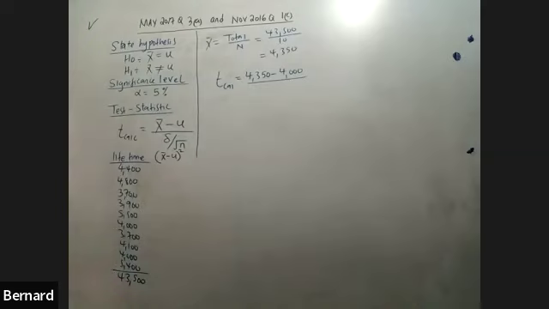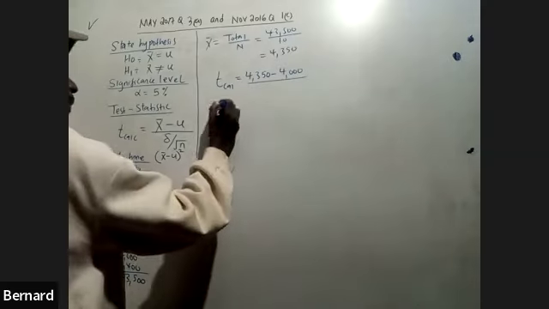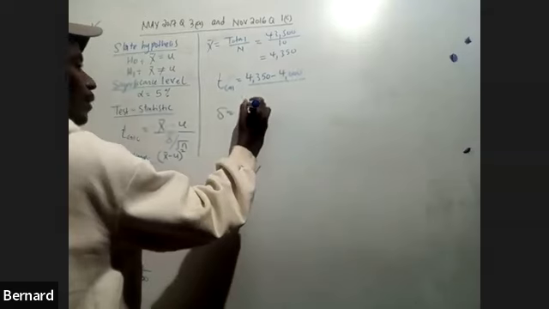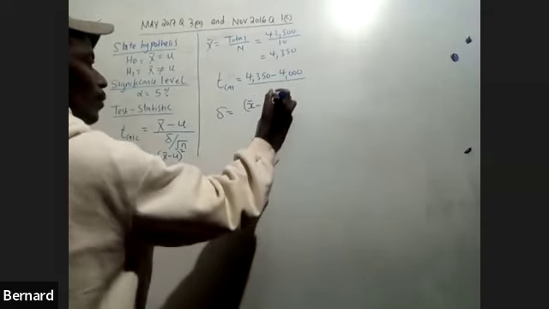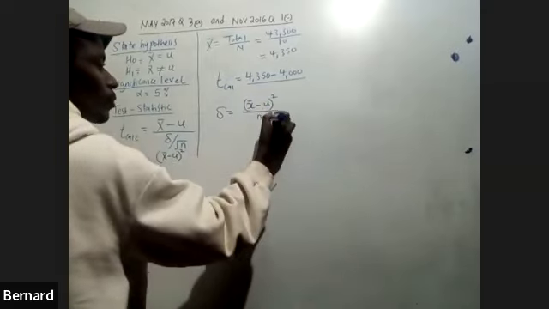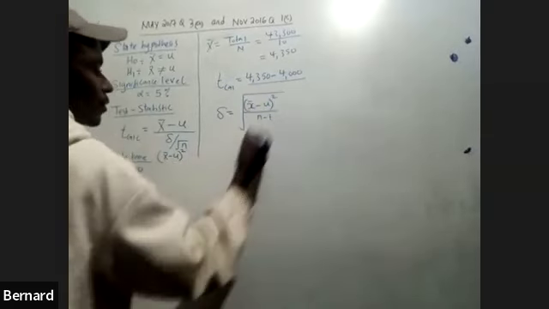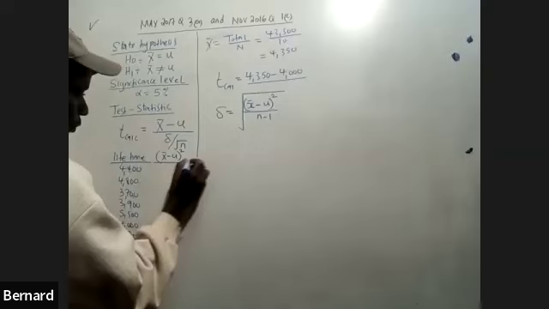Kisha tafuta, then we divide by n. We find the square root. So n minus 1. So we know standard deviation is equal to the square root of x minus mu squared over n minus 1 in this case.